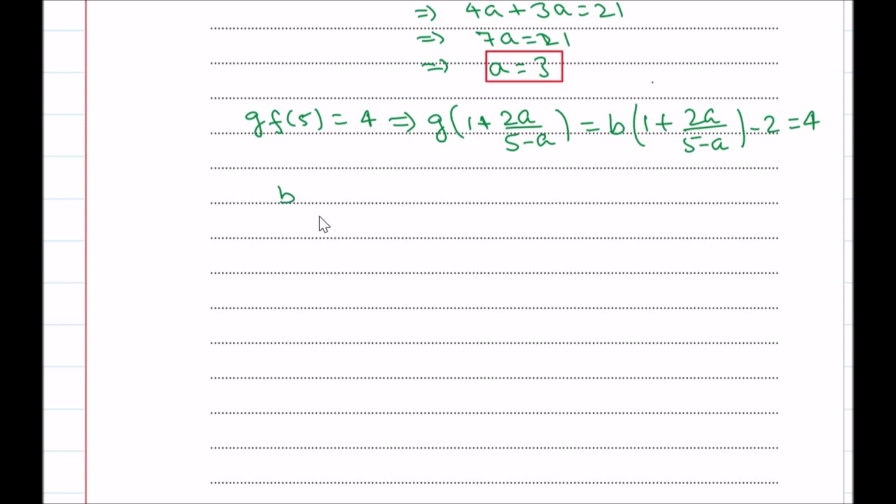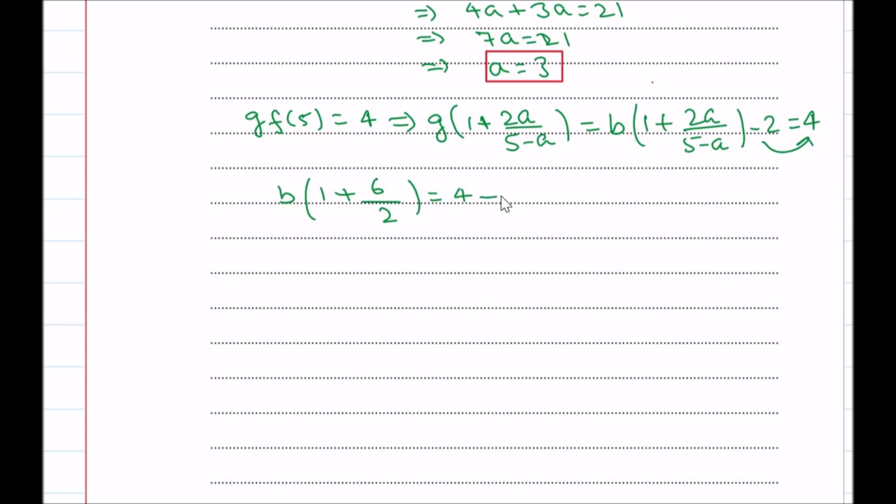So b into (1 plus 2 into 3). 2a means 2 into 3, that is 6. And 5 minus a, so 5 minus 3, that is 2. So that is equal to 4, and minus 2 shifted to this side.